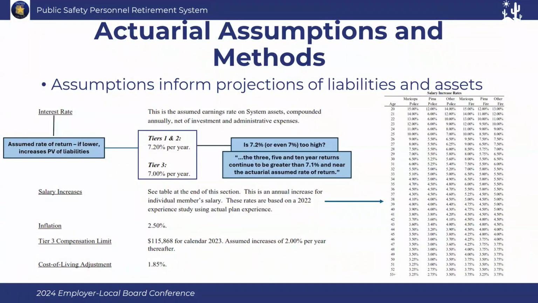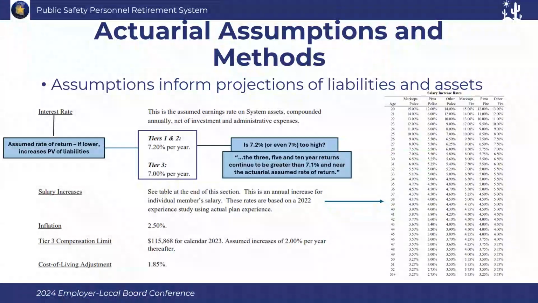These assumptions aren't made up out of thin air. They're based on experience studies that are done every 5 years by the actuaries, where they look at their assumptions and then they say, okay, based on our assumptions, how well do we think the actual data compares to that? So I just want to highlight that point because I think it is important to note that these assumptions come from actual data points.